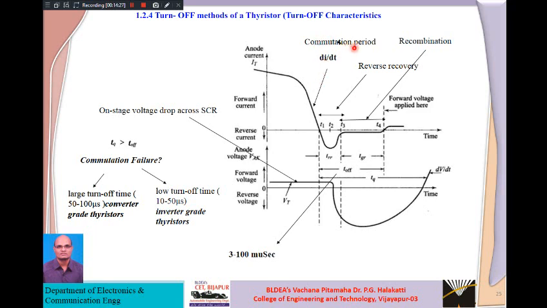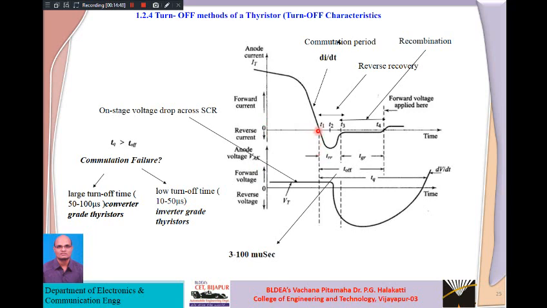That is known as the commutation period, indicated by this di by dt. From 0 to t1 you can see the anode current is decreasing. Let us see what is happening with forward voltage. As anode current is decreasing, still it has not yet reached 0.